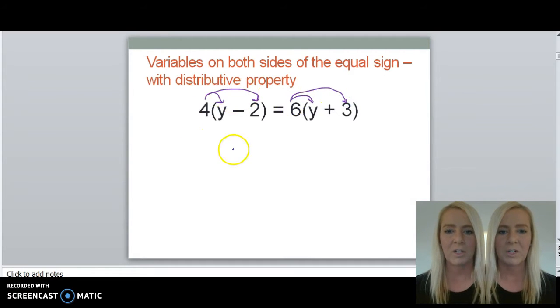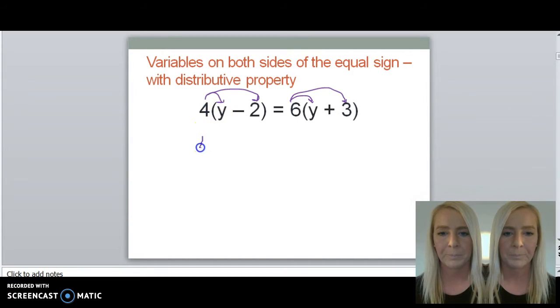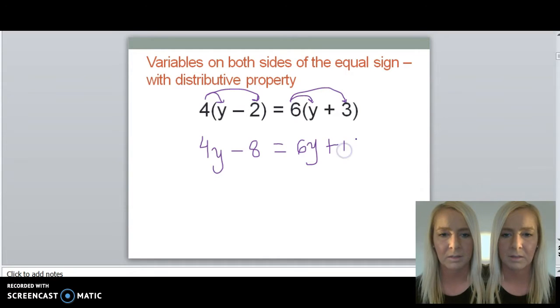And I'm going to treat each side as its own equation. 4 times y is 4y. 4 times negative 2 is minus 8. 6 times y is 6y. 6 times 3 is plus 18.